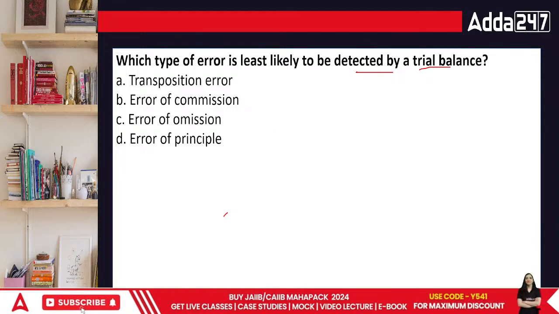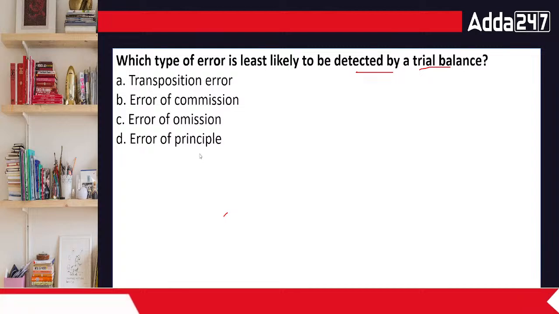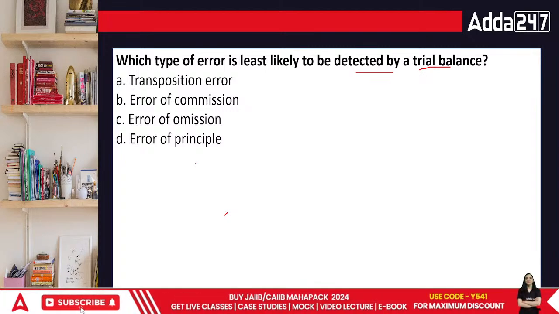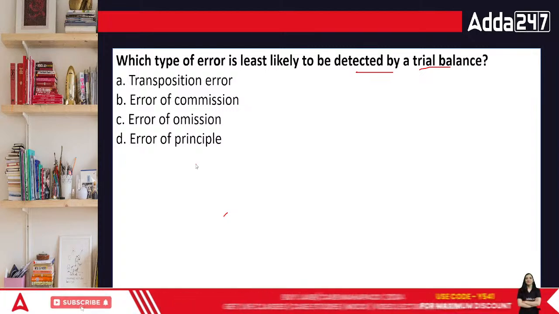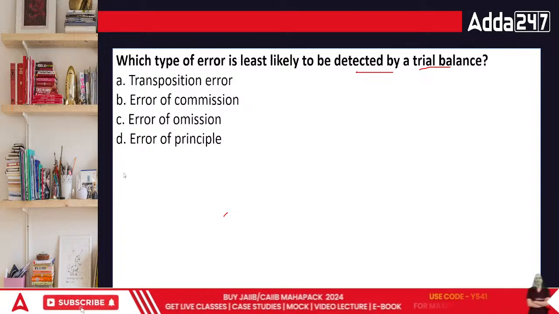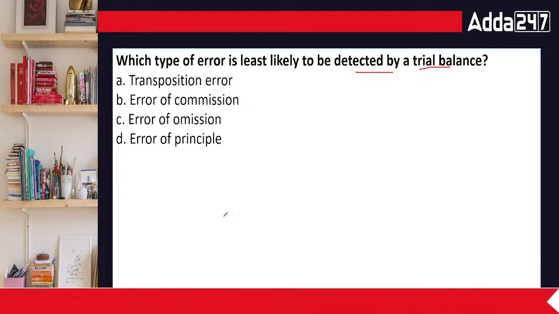And why? The reason is that in the trial balance, not everything can be that easily sorted. There are certain areas where it is very, very difficult to record such things and to find out the errors, because if some entry has only the first part, the journal is wrong overall.